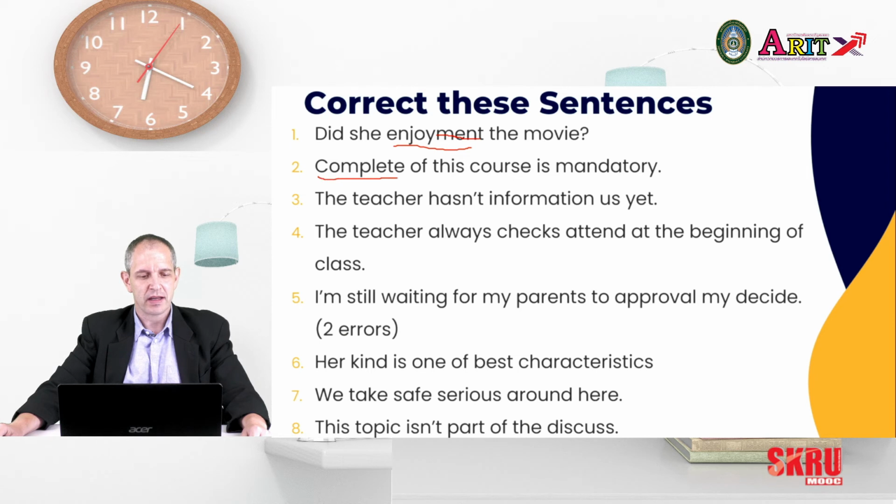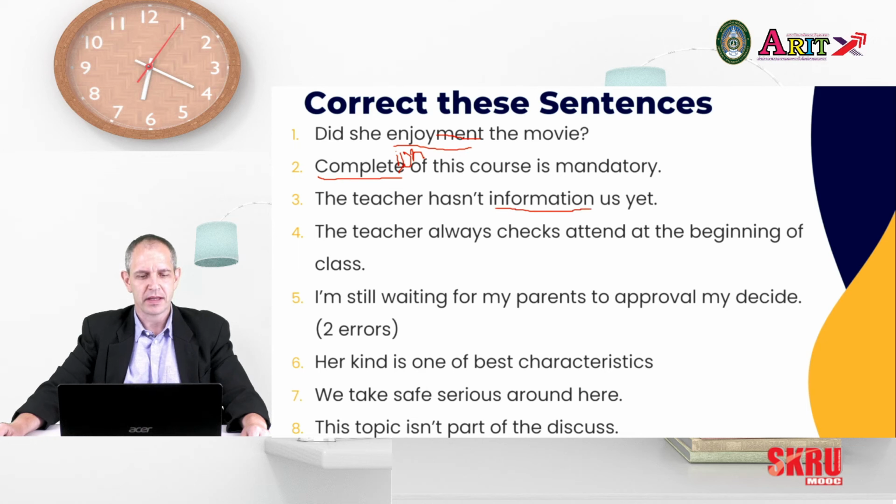Here it's the subject, and complete is a verb. If you remember, to make it into a noun, we add I-O-N. So completion of this course is mandatory. Number 3: the teacher hasn't information us yet.